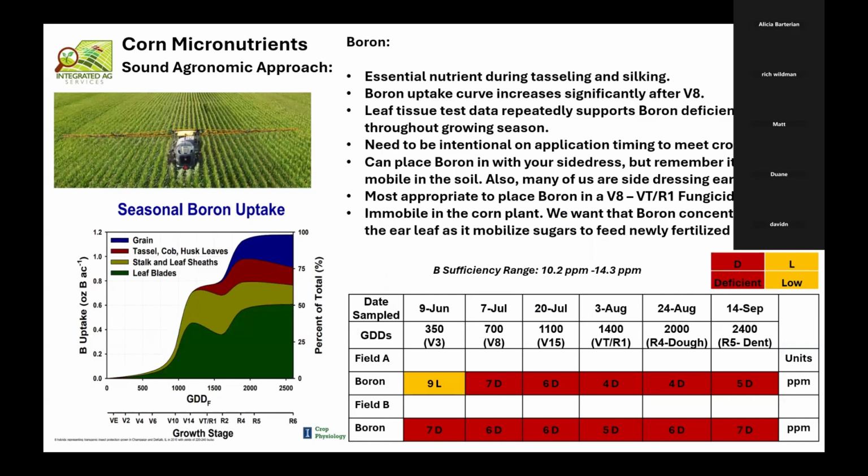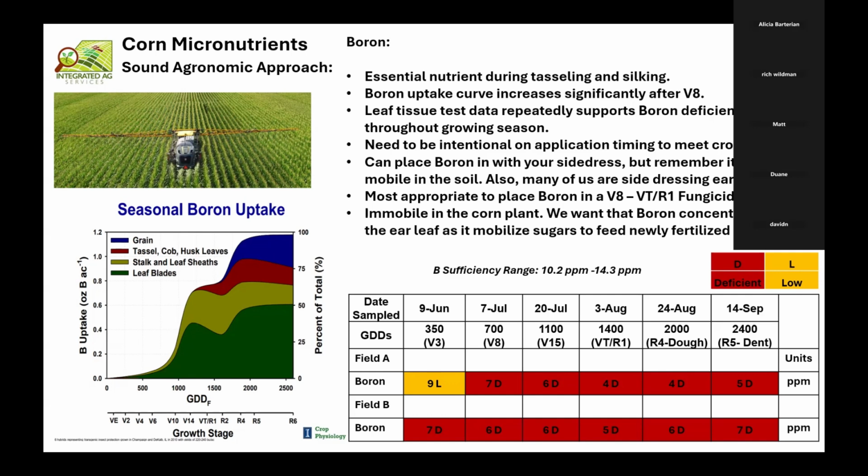Now let's look at another way to put on boron, if we remember that Micropack was 1.8% boron. A more agronomic approach is, we know boron is essential during the tasseling and silking stages of the corn crop. Here is our boron uptake curve. After about V8, it takes off, and it takes off fast.